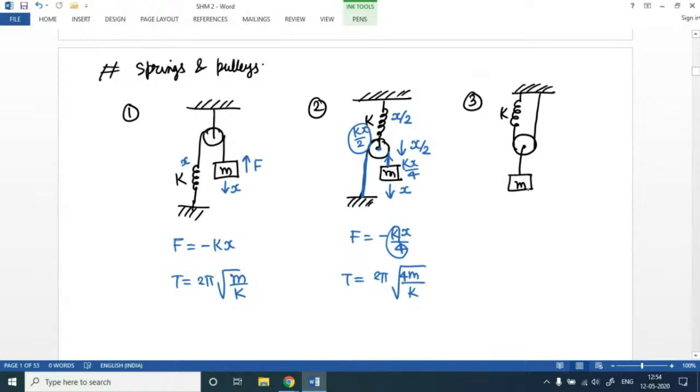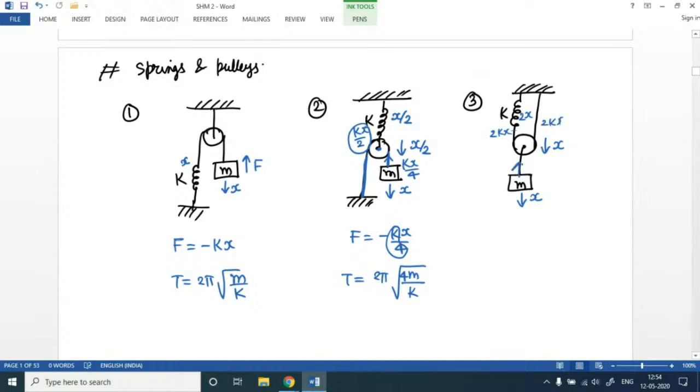Now let's look into this case. If we displace this block slightly by x, this pulley will go down by x only. You must realize the spring will stretch from both sides, so the total elongation in the spring would be nothing but 2x. So the spring force would be 2kx on this side and 2kx on this side.